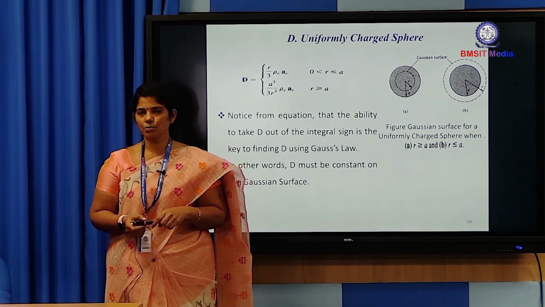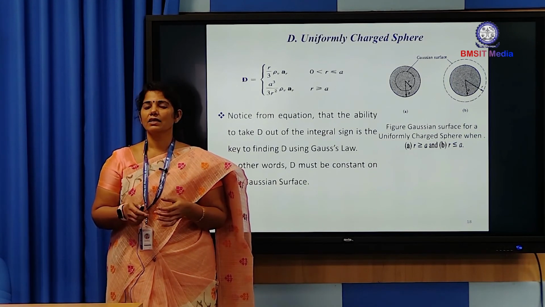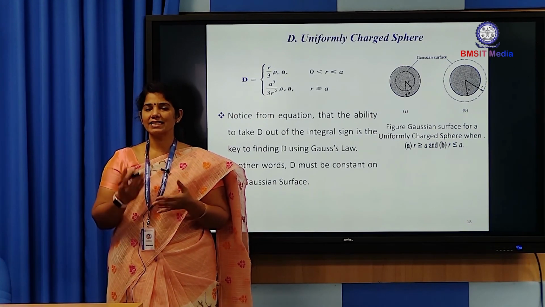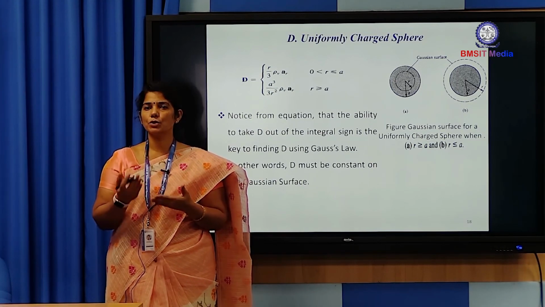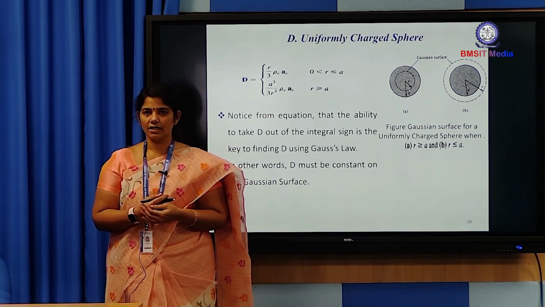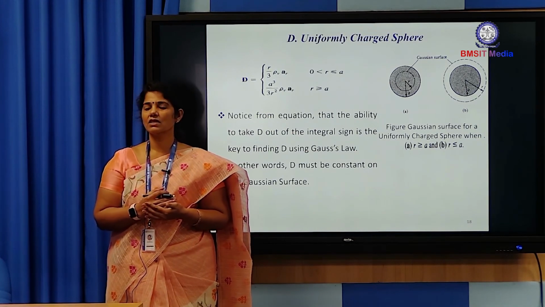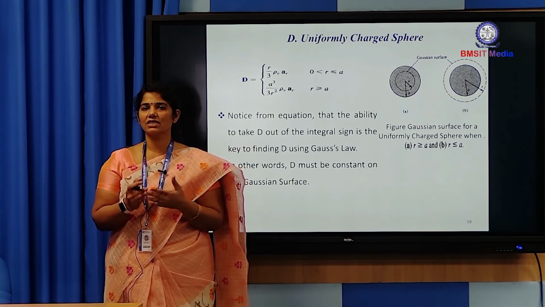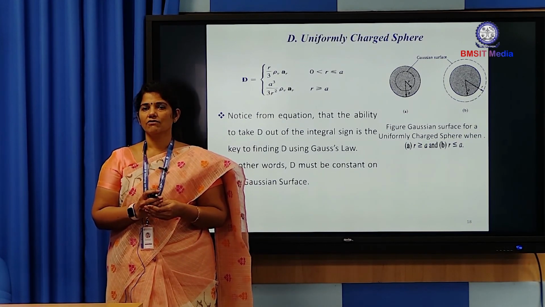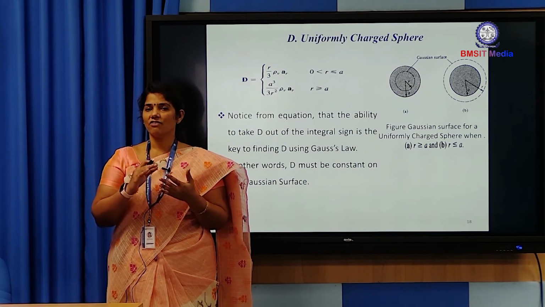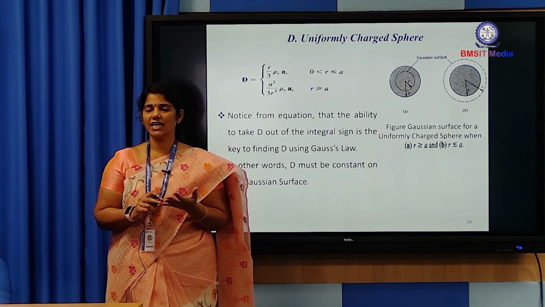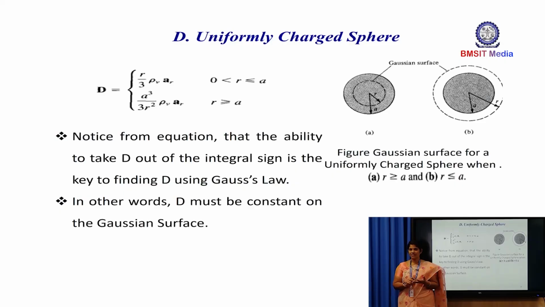When it does not maintain the symmetric condition, then it is not possible to apply Gauss law to determine E or D. At that point we should apply Coulomb's law to determine E or D. We have also seen the case study, and after that we went through the applications of Gauss law, where we applied it to the charge distributions of point charge, line charge, surface charge and sheet charge.